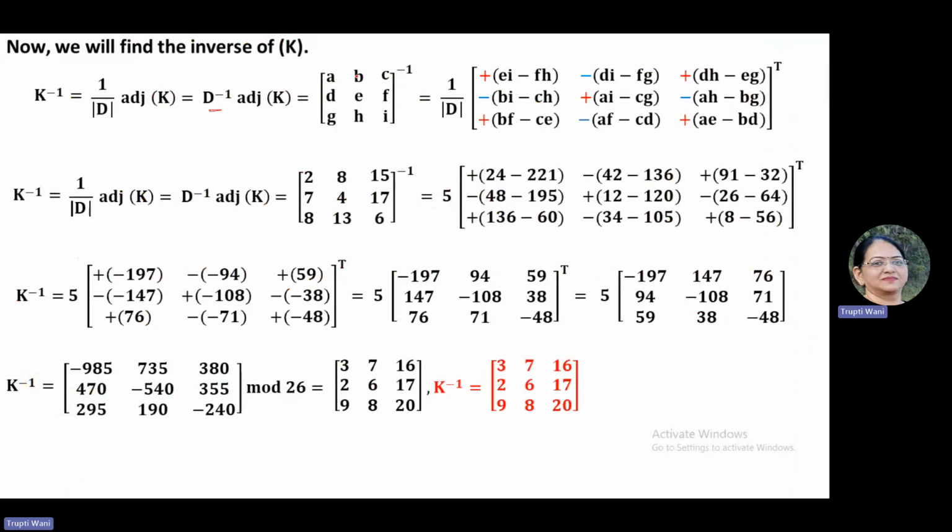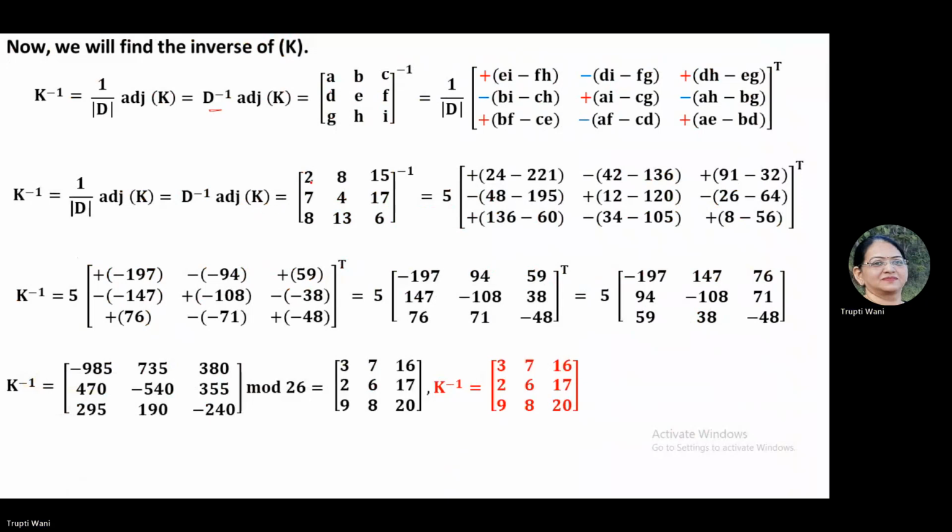Then for this element, leave this row and column and take the diagonal elements multiplication and minus within that. So DI minus FG. Like this, write down these elements first, and then plus minus plus minus plus minus, meaning alternate plus minus signs, put them and take the transpose.